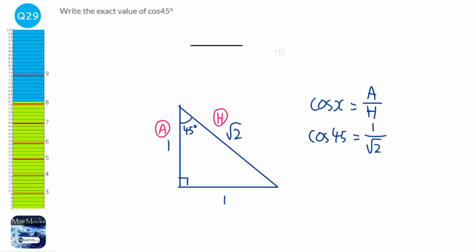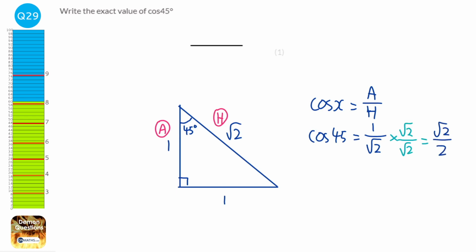Now, this is a bit of a strange one with 1 over root 2, because we need to actually be able to rationalise the denominator. And basically what that means, if you haven't done surds yet, or you aren't doing surds, is you times the 1 by root 2. And so we end up with root 2 over 2.